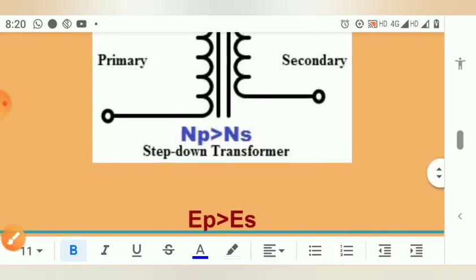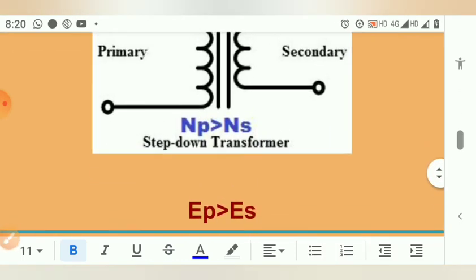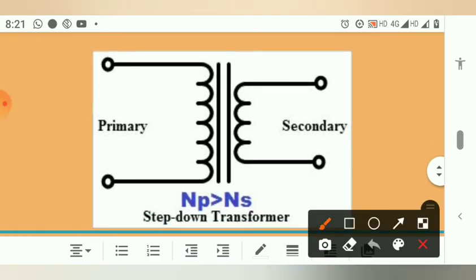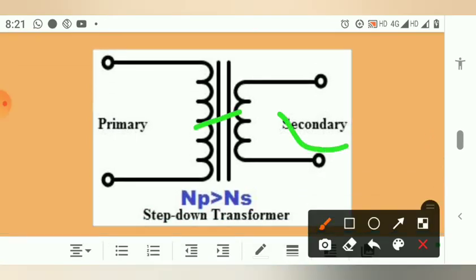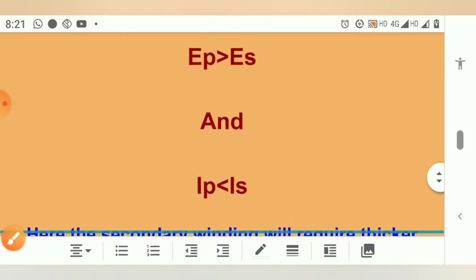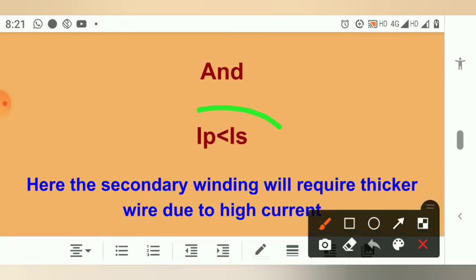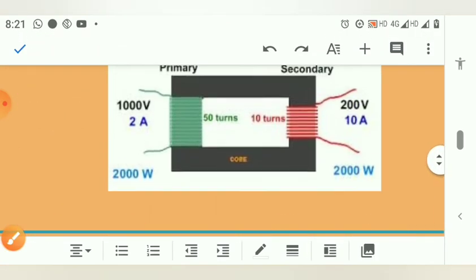Because it is a step down transformer, here it is more, and here it is less, okay. And Ip is less than Is, means the current on primary is less than the current on secondary, which I have taught you here.